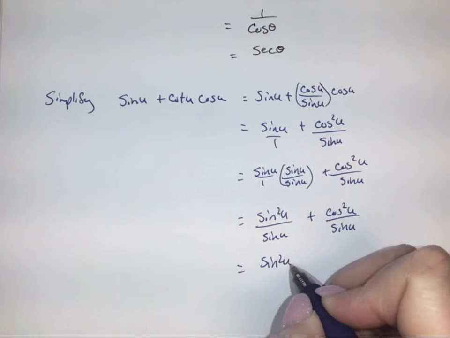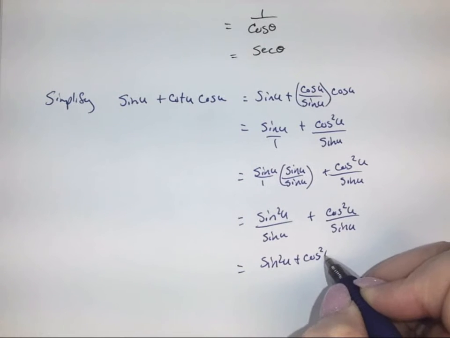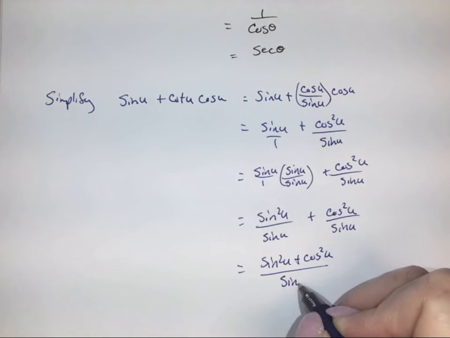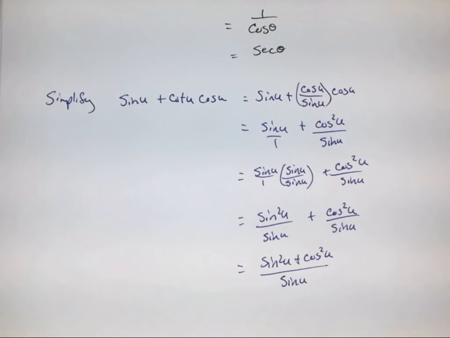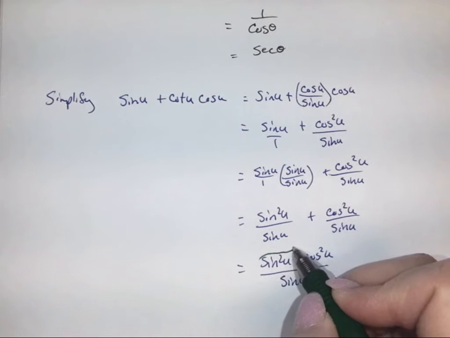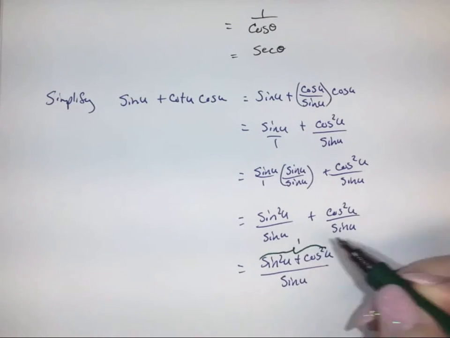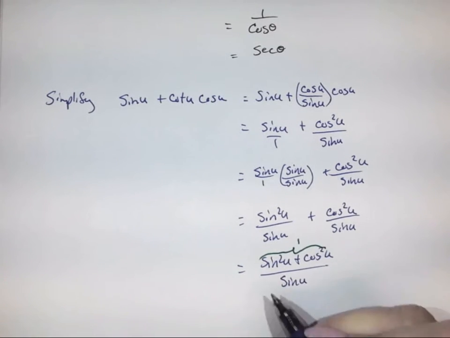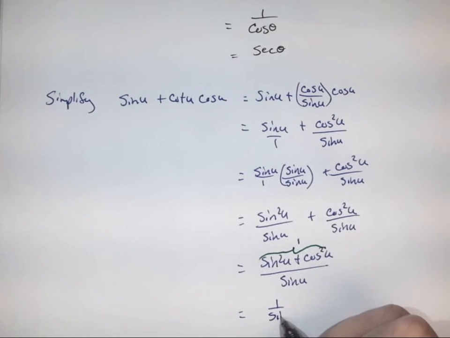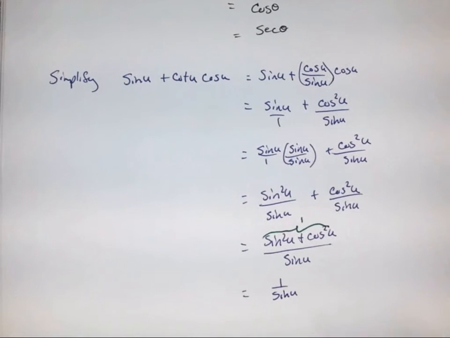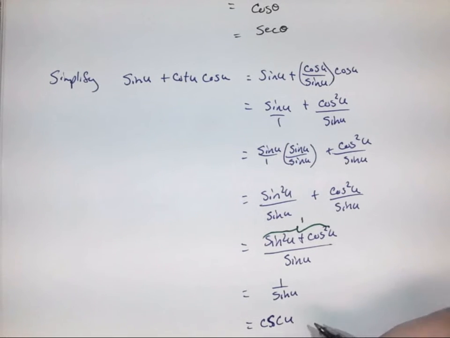So sine squared u plus cosine squared u over sine u. And again, recognizing that this is our Pythagorean identity equal to 1, we'll end up with 1 over sine u, and 1 over sine u is equal to cosecant u. So cosecant u this time.